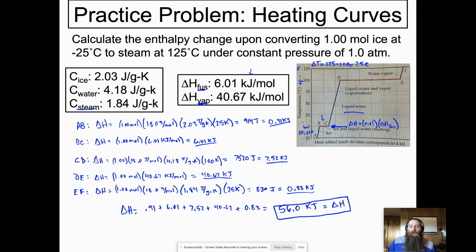The flat line there tells us that temperature is not changing. And then for my regions with slope, like C to D, I have a change in temperature. So I'm really just using Q equals mC delta T, where I have mass, the specific heat, times the change in temperature. And we know that Q and delta H can be used interchangeably there. Just remember for mass, I need to convert moles over to grams if they just give you moles. So I use the periodic table.